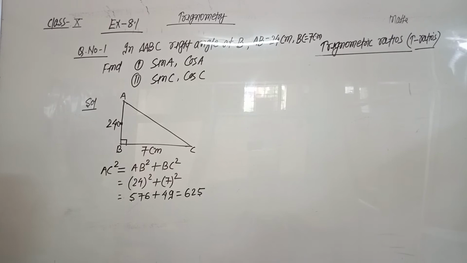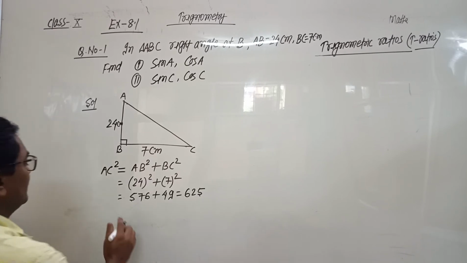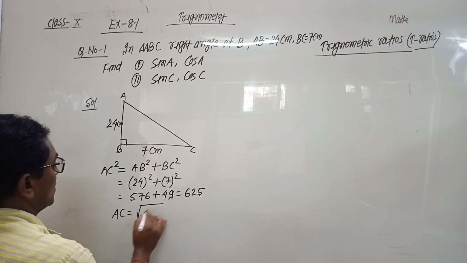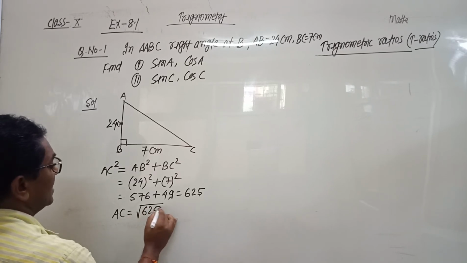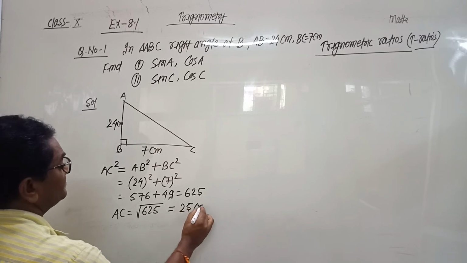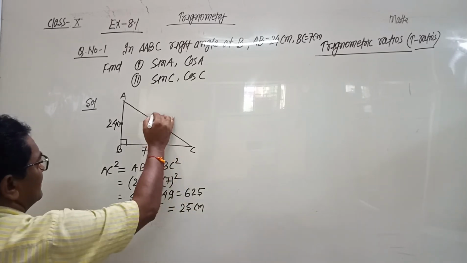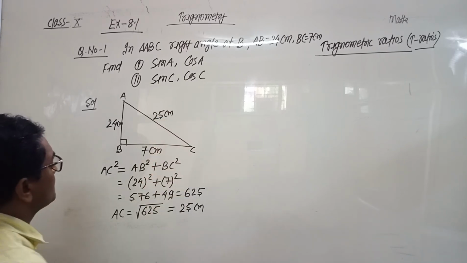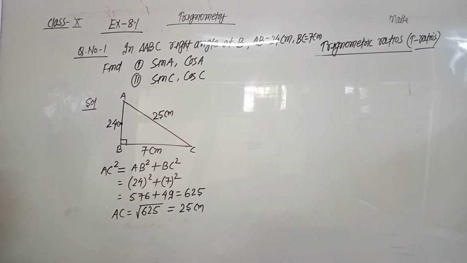So AC square is 625, and AC is the square root of 625, which is 25. The value of AC comes to be 25 centimeter.